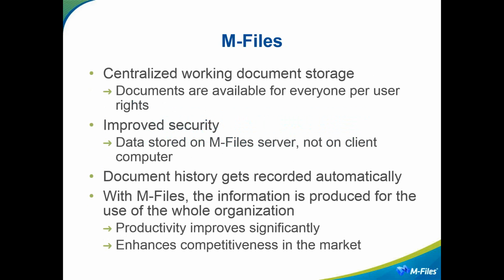Furthermore, from a technical standpoint, if you're doing that in Windows, let's say I've got a 1 megabyte file and I have 10 versions of it, it's going to take up 10 megabytes worth of space in Windows. In M-Files, it's going to take up a fraction of that, and we're going to talk about that more tomorrow in one of our technical sessions as to how various versions are saved.